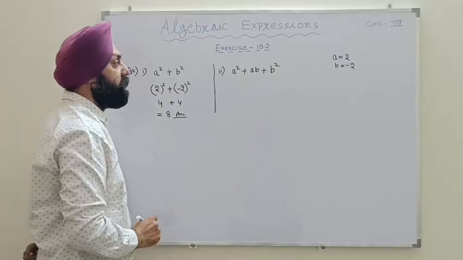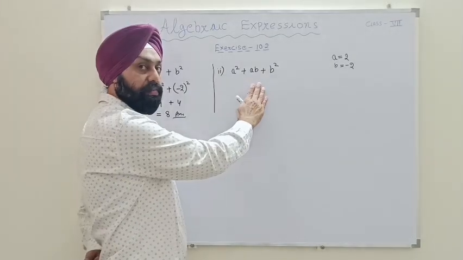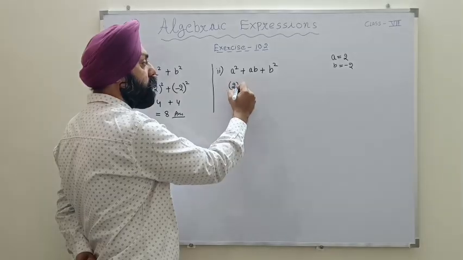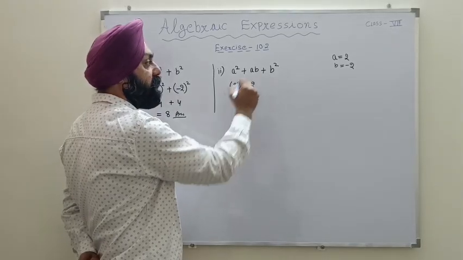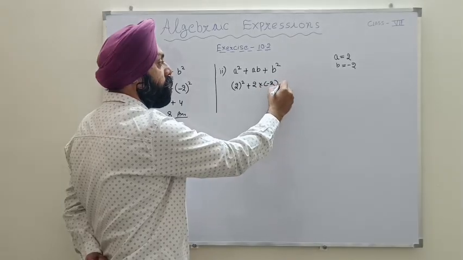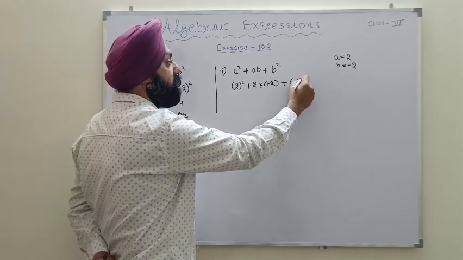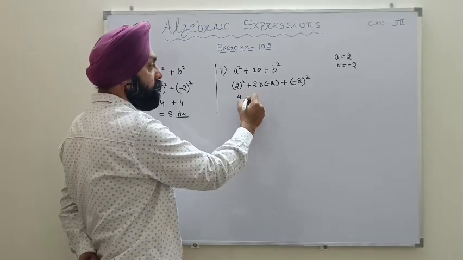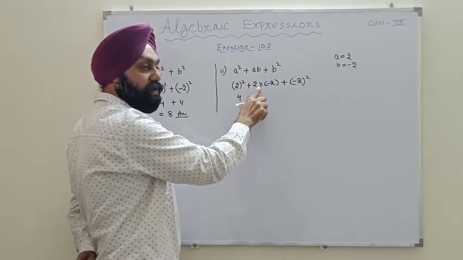Moving on to the second part, we have a square plus ab plus b square. In place of a, we will write 2 square, plus a and b are getting multiplied with each other, so 2 times minus 2, plus in place of b we can write minus 2 square. So 2 square is plus 4. Now we have plus the product of 2 and minus 2.